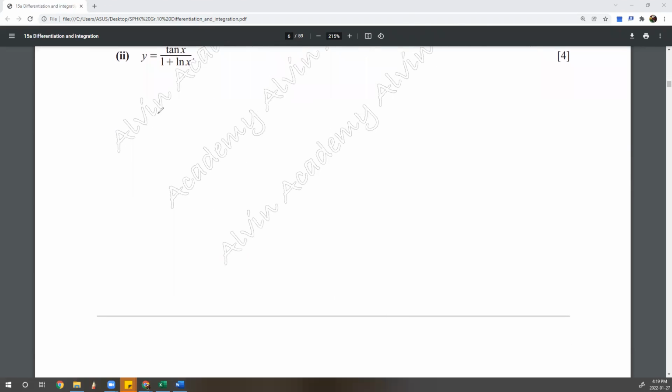Again, this is tan and ln. Okay, you have to memorize. If I have y equals ln x, the y accent is 1 over x. And if I have ln function of x, or ln of something not as simple as x, the derivative of the ln f(x) is 1 over f(x) multiplied by the inside.